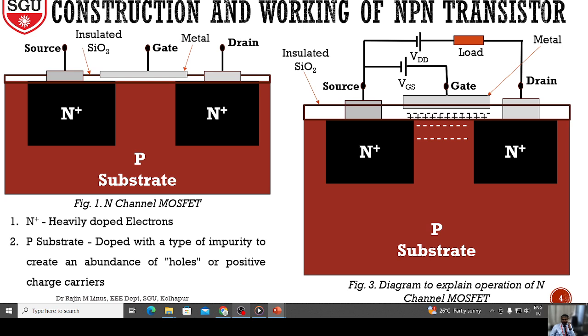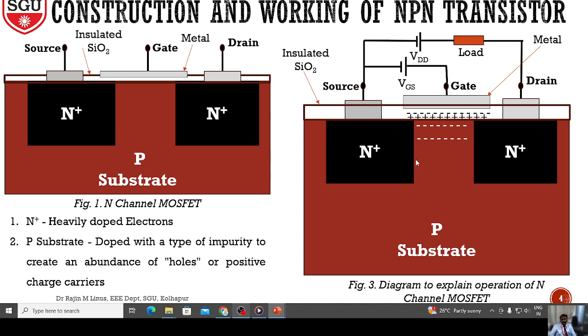So what will happen? Here drain is positive and source is negative. This positive will attract all the electrons of the n plus, since n plus has high mobility of electrons. So all the electrons will pass through this. This will automatically create a junction: the p substrate and n plus junction will be automatically reverse biased.